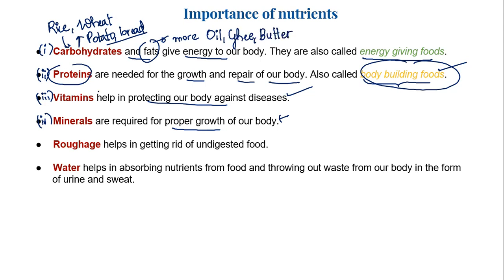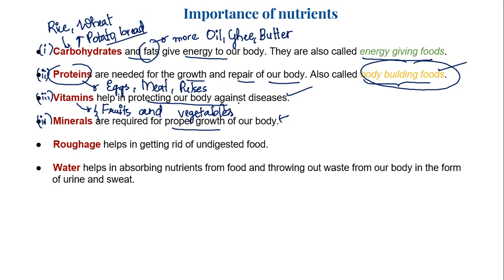Then the proteins are present in excess amounts in eggs, meat, pulses. So these are the foods that are rich in proteins. And the foods that are rich in vitamins and minerals are mostly the fruits and the vegetables.